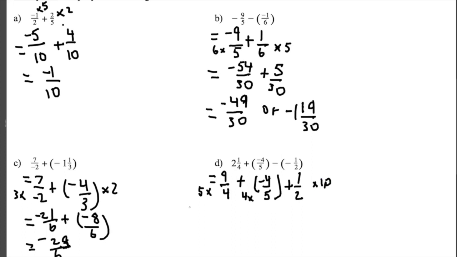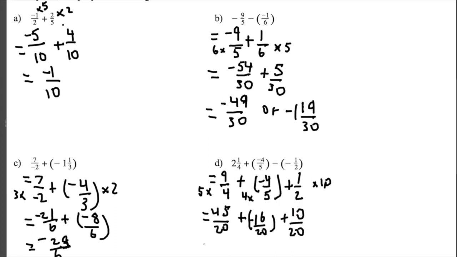So 5 times 9 gives you 45 over 20. And then you're going to add negative 16 over 20. And then add 10 over 20.